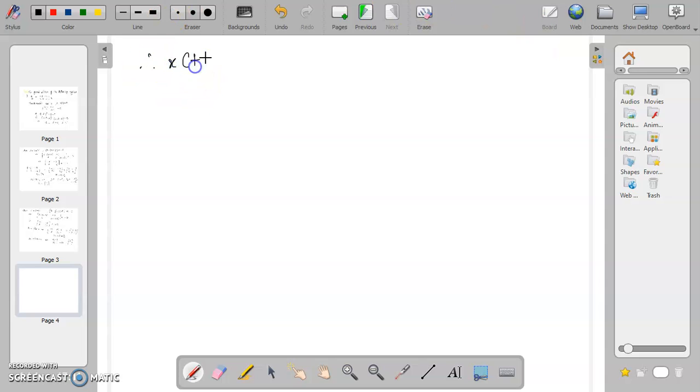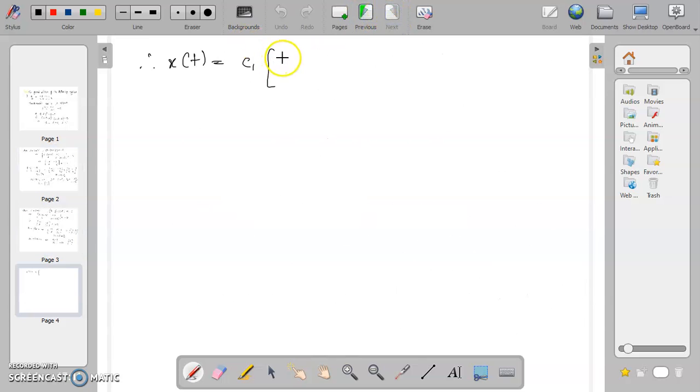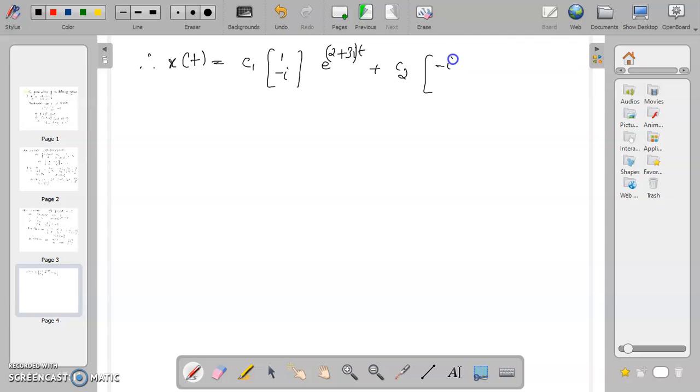So therefore x of t is equal to c1 times (1, minus i) e raised to (2 plus 3i)t, plus c2 times (minus i, 1) e raised to (2 minus 3i)t. So that is, e raised to 2t is common throughout.